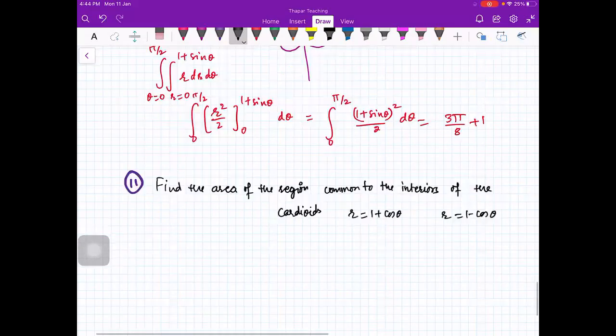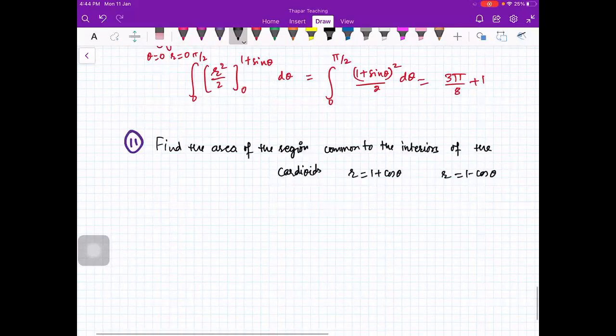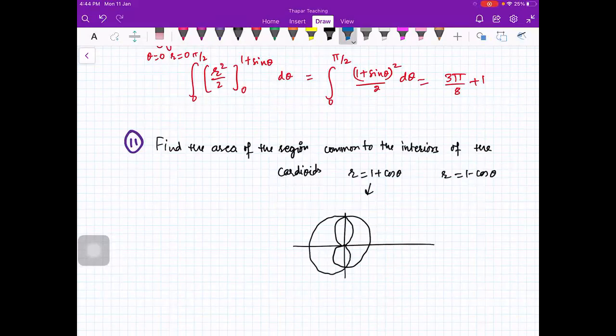So if you plot these cardioids, this is the right cardioid and this is the left cardioid. I think the same question we have done in the class also. So you are looking for this region, this area, which is common to both the cardioids, right? Because of symmetry, you just compute this area and you will get the whole area.